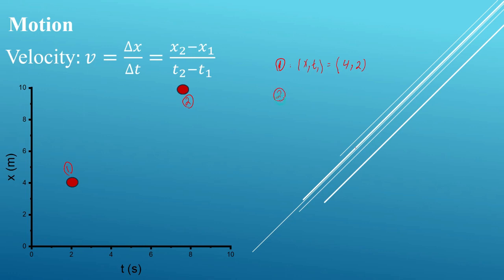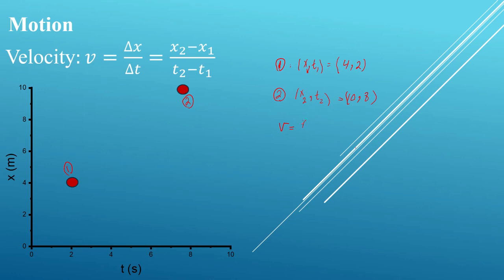And for the second position, x2 and t2, it's going to be 10 and 8, right?